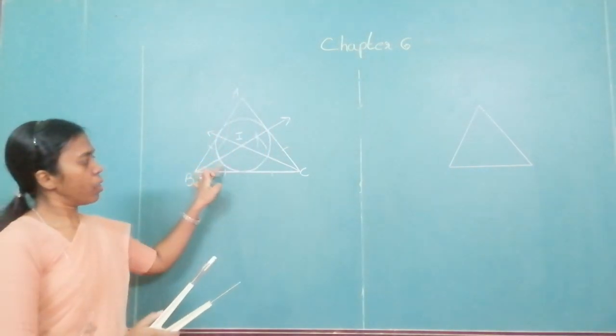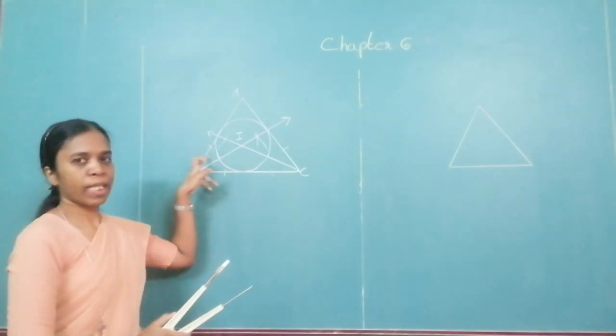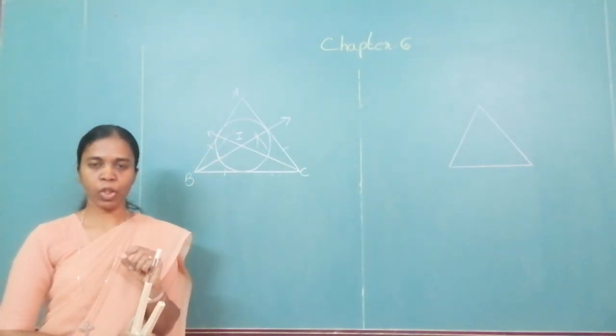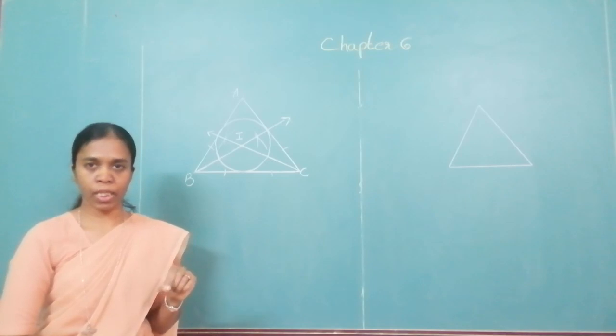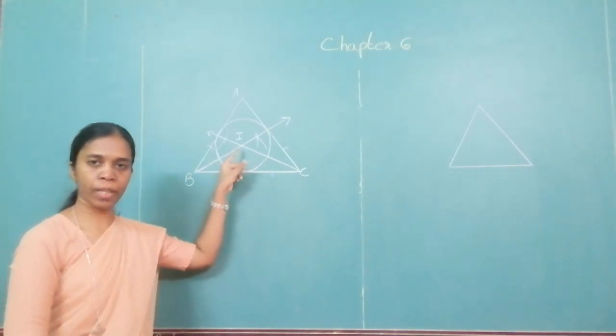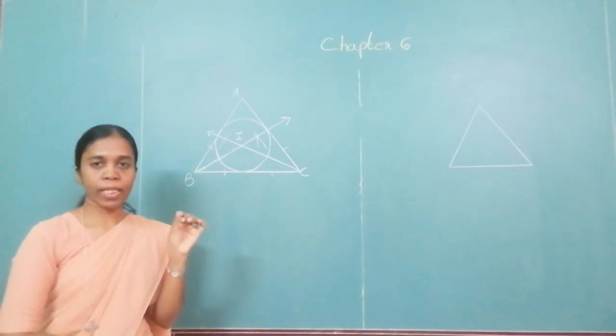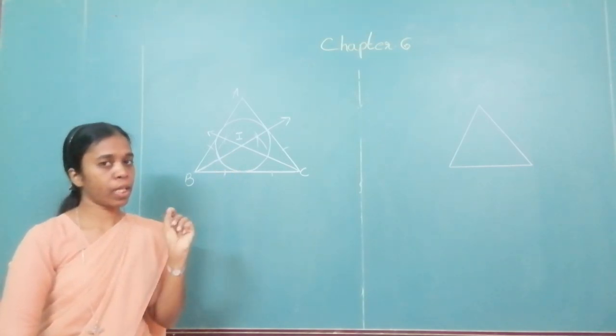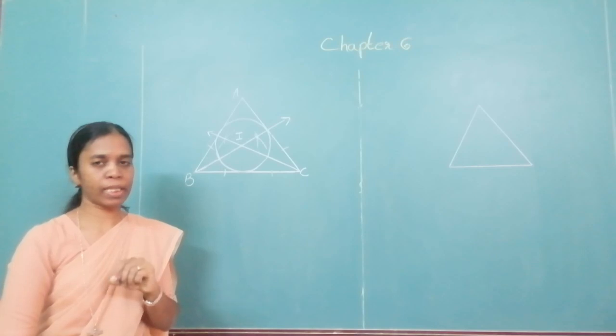The circle which is touching all three sides of a triangle is known as an incircle, and the center of it is known as an incenter. Angle bisectors give us the incircle and the incenter.